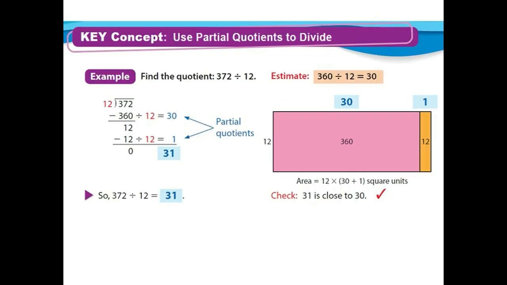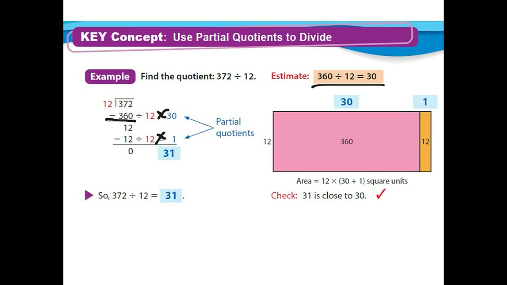Alright, let's go to our key concept. Use partial quotients to divide. In our example, we find the quotient 372 divided by 12. They are estimating 360 divided by 12 equals 30. So, you know what we do, they say 360 divided by 12, we do 12 times 30. 12 times 30 equals 360, they subtract, and then we do 12 times 1 equals 12.